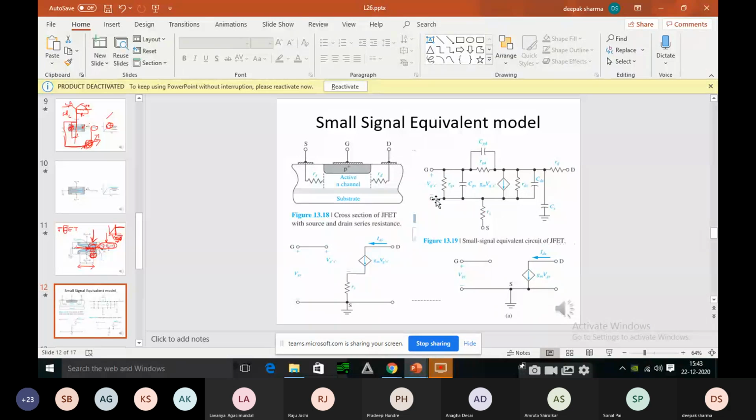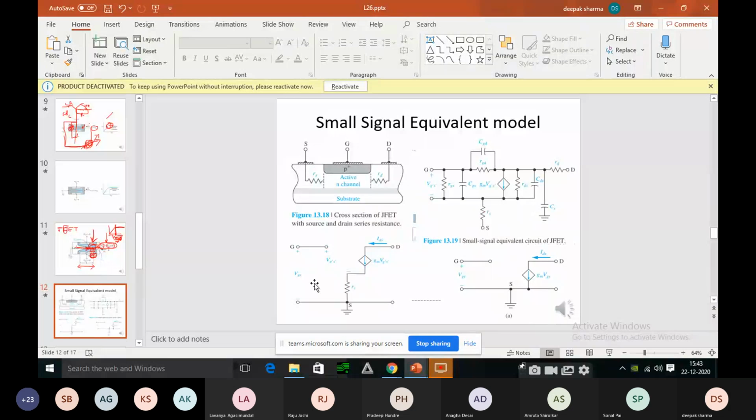And gate and source are not directly connected. So here what we are showing is that there is no connection between gate and source, or you can think that the input resistance of JFET is almost infinite. Ideally, the input resistance of JFET is infinite. What do you mean by input resistance?